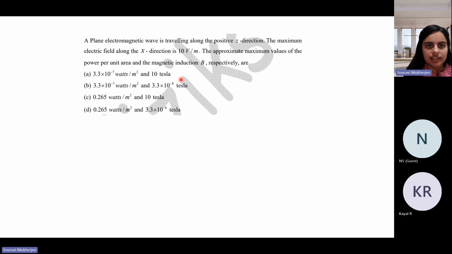What you are given is E, right? So what should be the relation that one should use? You have E, you want to find B, and you want to find I, the intensity.